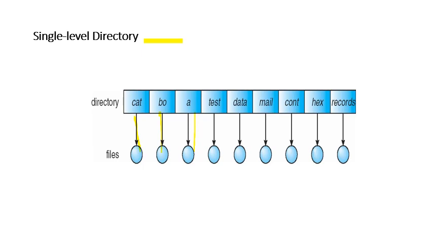And operations like creating a file, searching, deleting, and updating are very easy here. Coming to the disadvantages, there may be a chance of name collision, because two different users might give the same file names, so name collisions might occur.